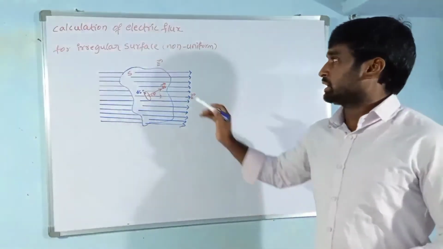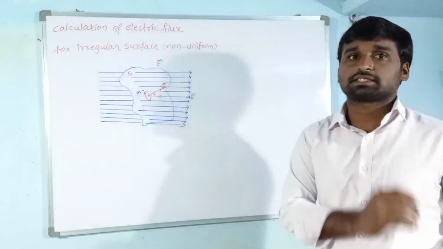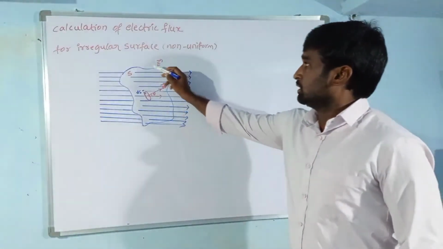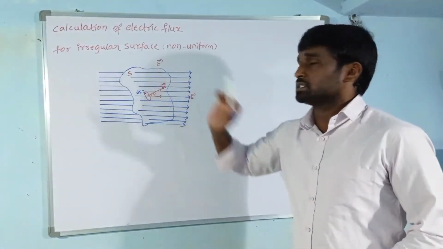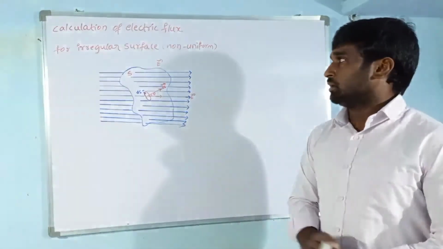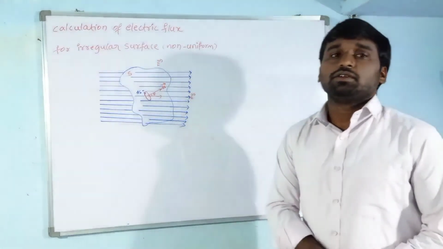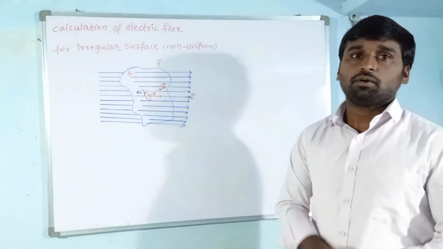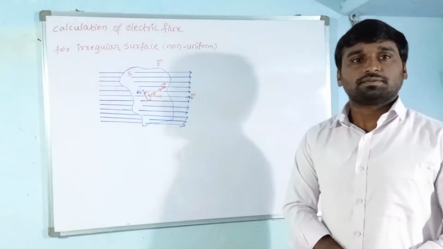Let's consider a non-uniform surface of area S. Now this non-uniform surface is placed inside the uniform electric field. What is the electric flux linked with this non-uniform surface?